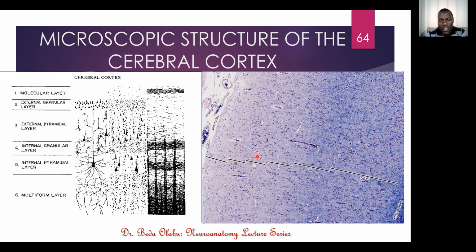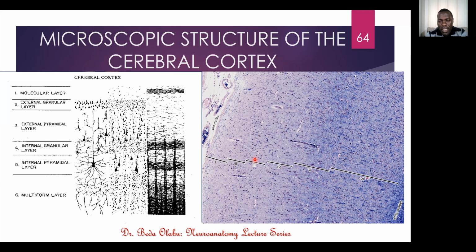On the other hand, layer 3, which we call the external pyramidal layer, contains pyramidal cells as the name suggests. Pyramidal cells are just types of neurons. Layer 3 gives rise to association and commissural fibers.